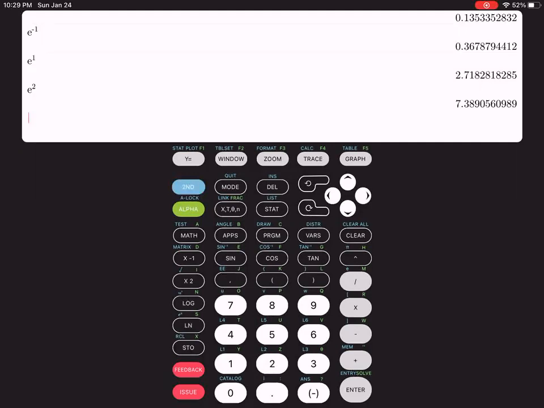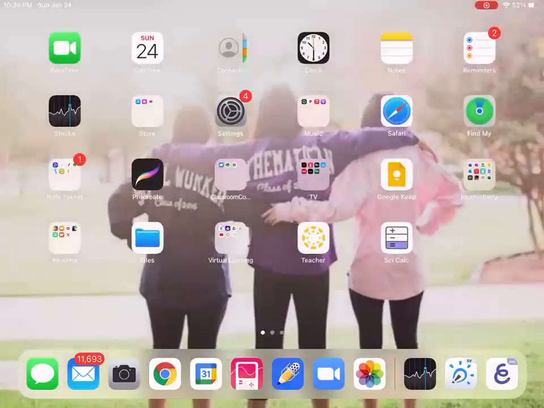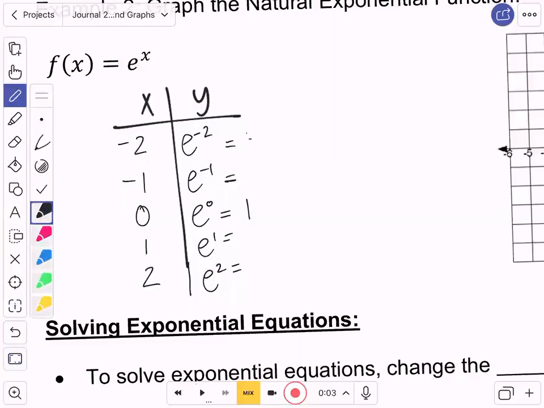Okay, so at +1 it's 2.718, and when e is to the second power, it looks like it's 7.389. I'm going to round them to about 3 digits to get our data.